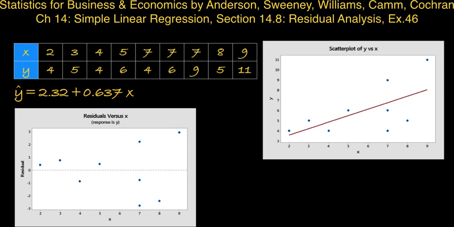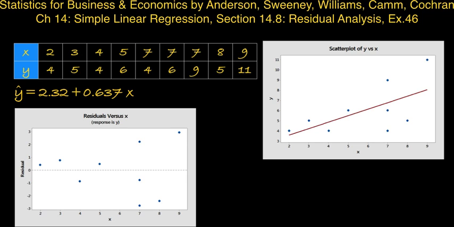The next assumption is that the variance of the residuals is the same for all values of x. So now what we want to do is scan the residual plot again from left to right as x increases, and think about the variability of the residuals about that horizontal dashed line at 0. If we do that in this particular example, we see that the variability of the residuals for low values of x is quite small.